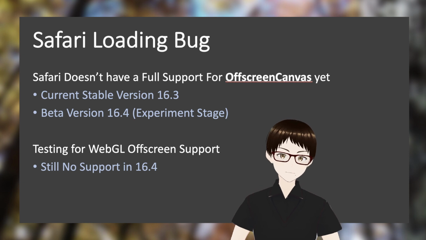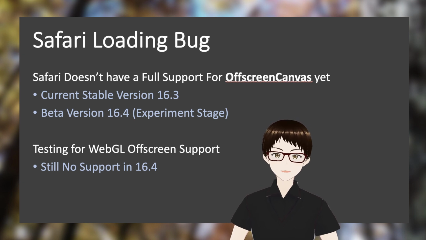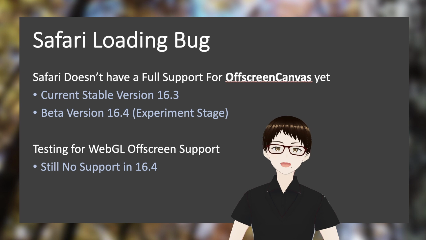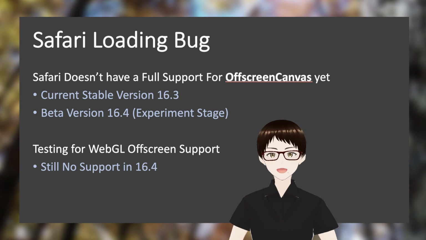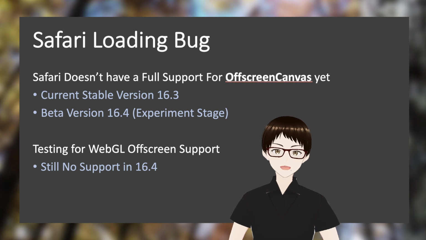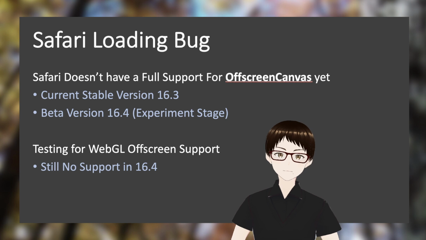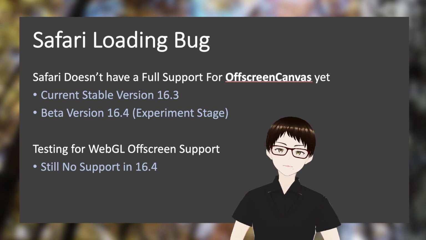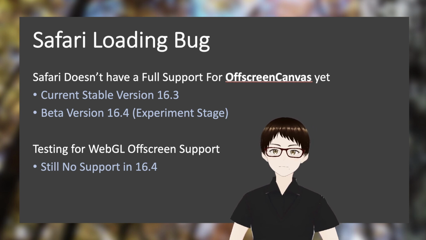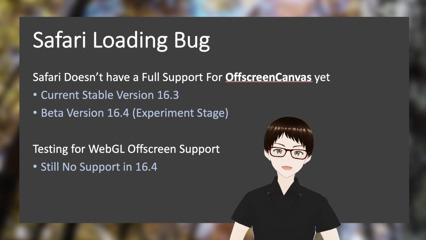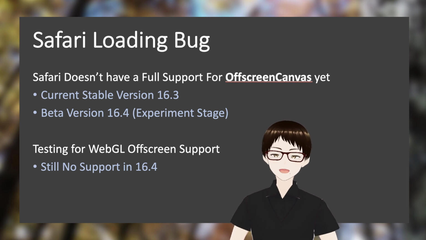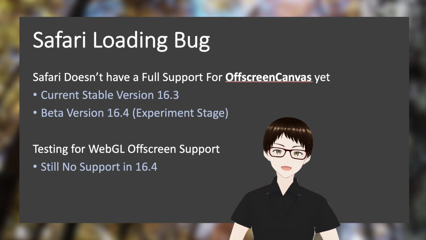And there is no support for you to process images outside of your main thread, right? If we want to process an image, we will want to process it in a canvas. It's basically a drawing board, right? So you need a drawing board to process an image. And if you are not in the main thread, it means that you are not showing that in your browser website directly. And currently that is not supported in Safari yet.